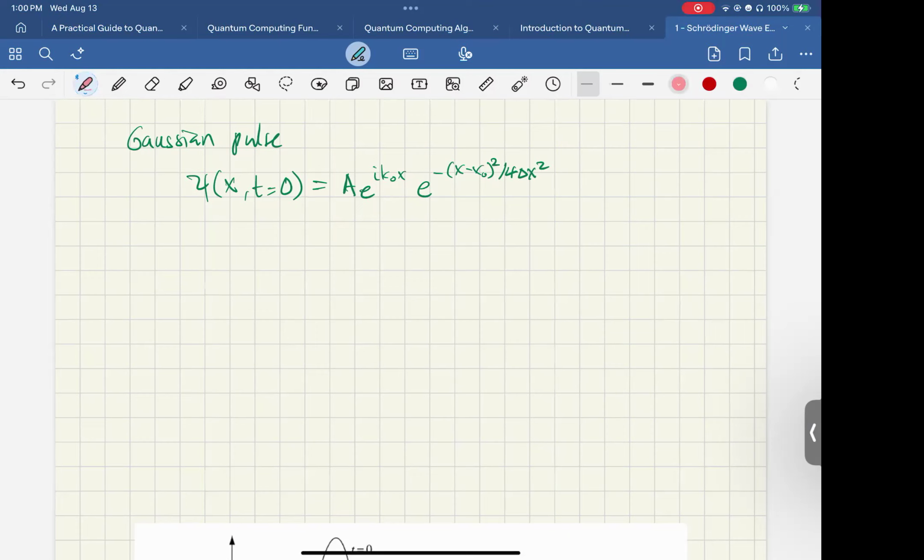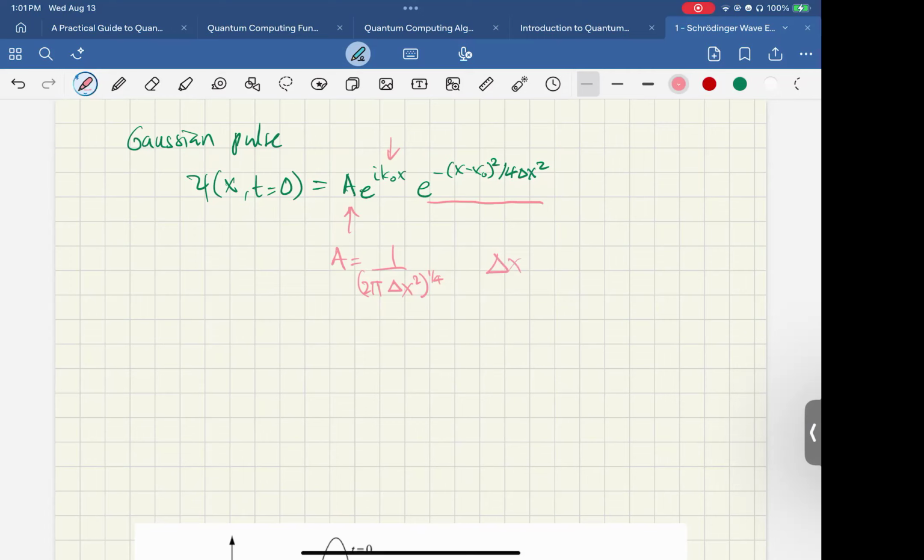So itong term na to, ito actually yung Gaussian pulse. And then this just describes yung propagation nung wave function. And itong amplitude naman na to has a specific value, which is given by 1 over 2 pi delta x squared, raised to the 1/4.